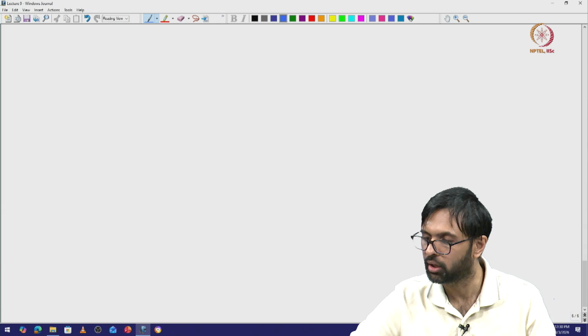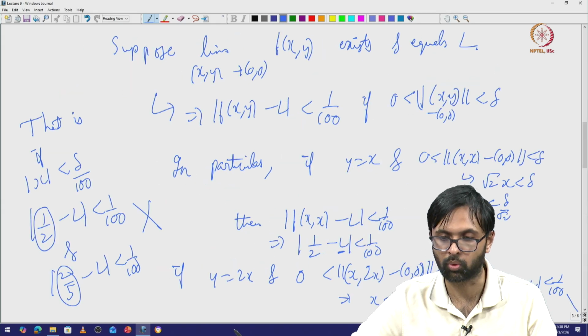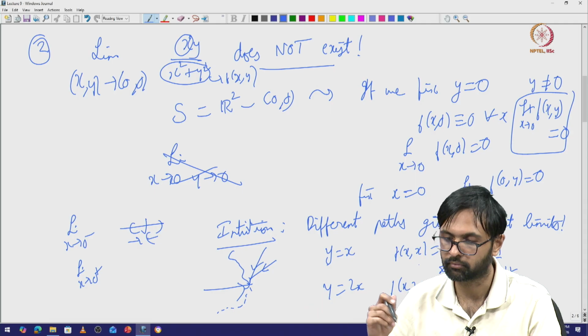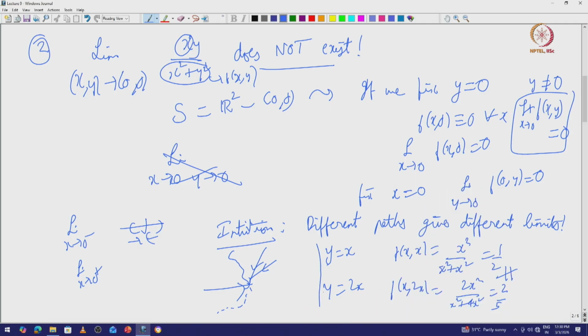using this result, we could have proven the previous example, this one, much easier, right? So this intuition of different paths giving different limits can now be made rigorous. Simply choose one sequence to be (1/n, 1/n). As n goes to infinity, this approaches (0, 0).